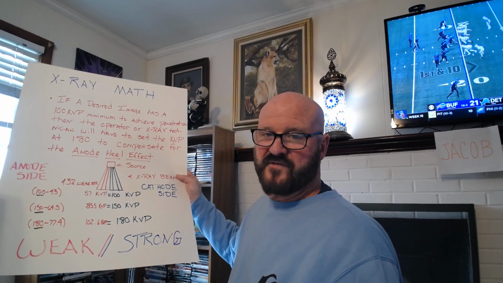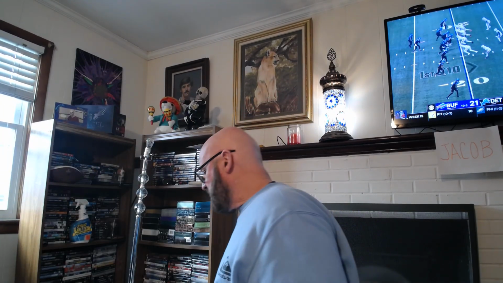Now, how do we fix this? I've got other videos coming out that could address this, but the simplest way to fix it, though it can't be fixed for everything, is what's called cathode side only imaging. There's lots of body parts that are small, like hands and feet, arms, wrist, elbow.